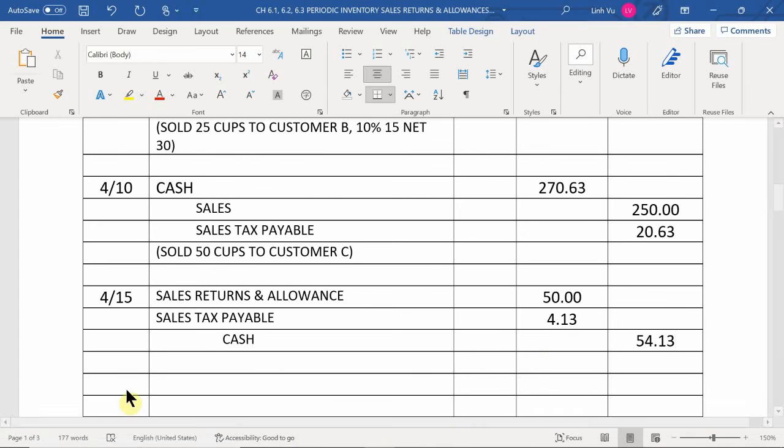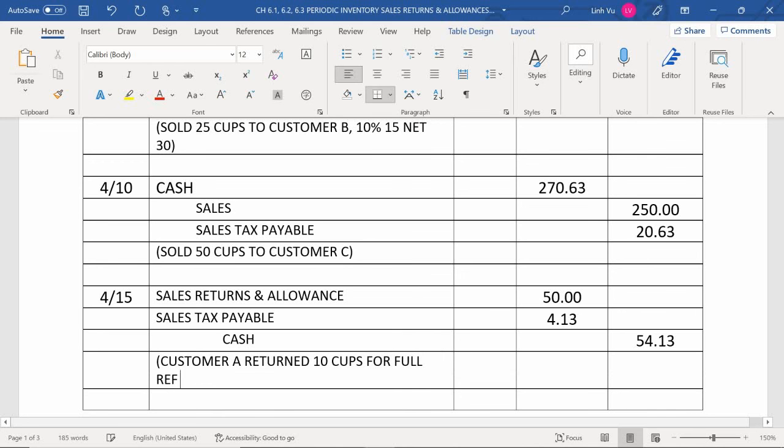Okay, and we're going to make a note here too that customer A returned 10 cups for full refund. Okay, good.